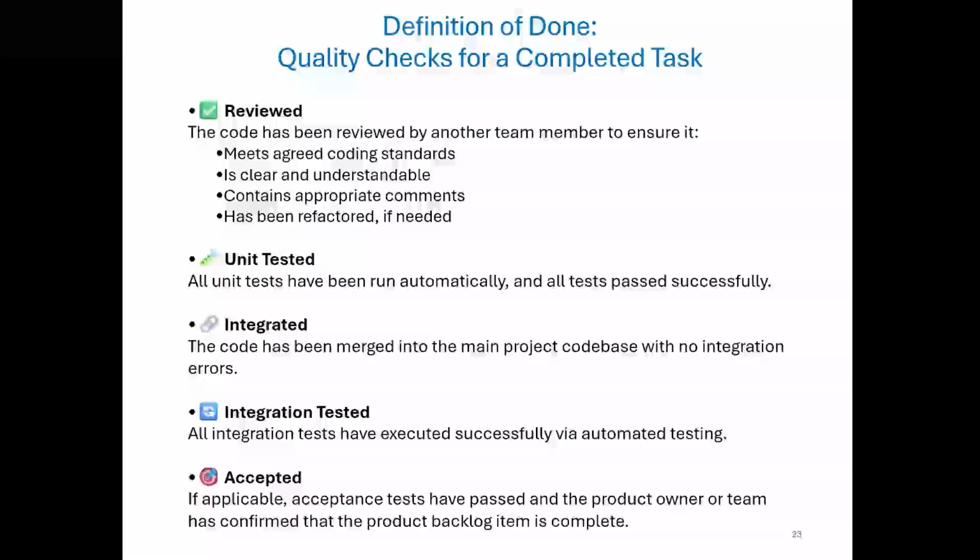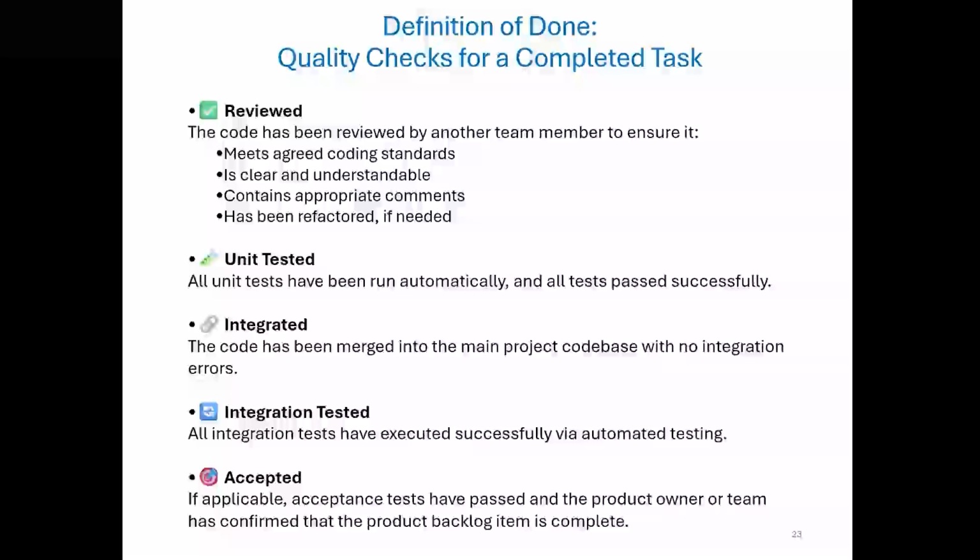Maybe it wasn't tested or it never got integrated. So in Scrum, the team creates a shared checklist called the definition of done to make sure everyone agrees on when a backlog item is truly complete. So let me walk you through what's typically included.